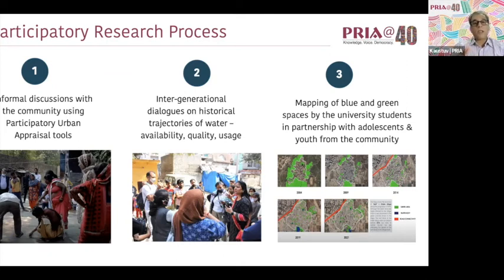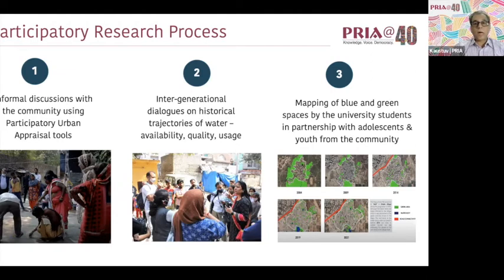So the availability, quality, and usage of the water was mapped through this intergenerational dialogue, and how over the years climate change has impacted the availability and the quality of the water, and the kind of adaptation that the community is already planning or undertaking.